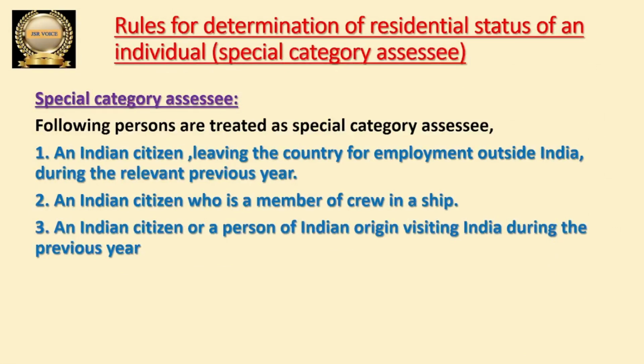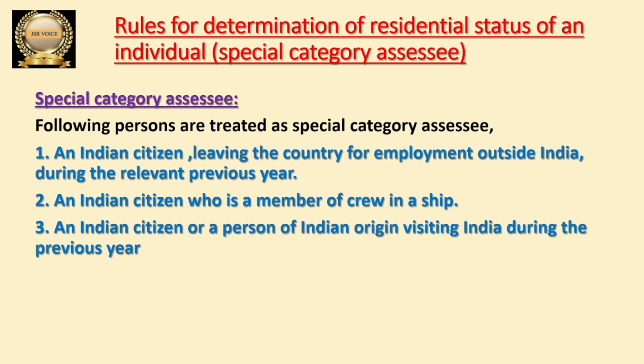Now let us discuss the rules for determination of residential status of an individual who comes under the special category assessee. Till now we discussed the general category assessee. Here we are going to discuss the rules for determination of residential status of an individual who comes under the special category assessees.